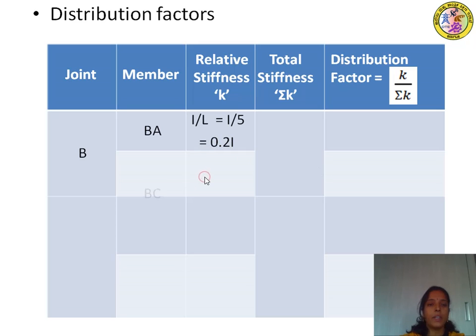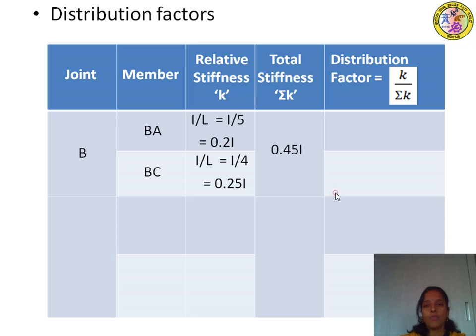Next member meeting at joint B is member BC and the relative stiffness is also equal to I by L. The length of the member is 4 meter, therefore I by 4, and the relative stiffness is 0.25I. The total stiffness is summation of relative stiffnesses of the members meeting at a joint. So 0.2I plus 0.25I is equal to 0.45I.